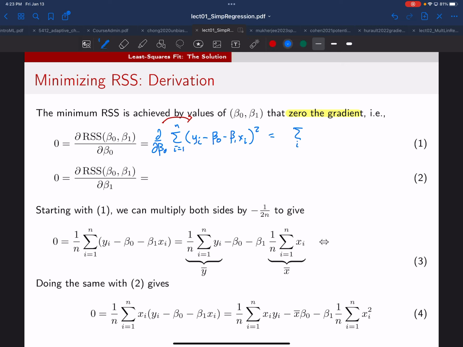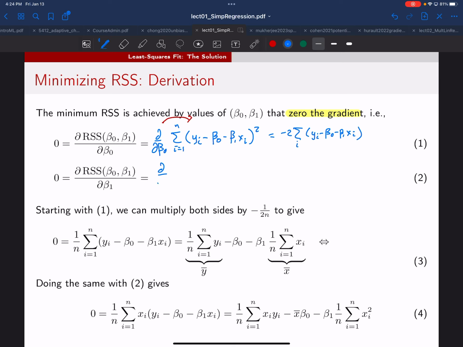So let's write the 2, we'll put the 2 in front, and we'll write the inside. And then finally, we have to write the derivative of this with respect to beta 0. And what is that? Minus 1, because of that minus sign. So we'll also put the minus in front. Okay? Everybody good with what we just did? Okay. Well, we'll get to do it again, get to see another example.